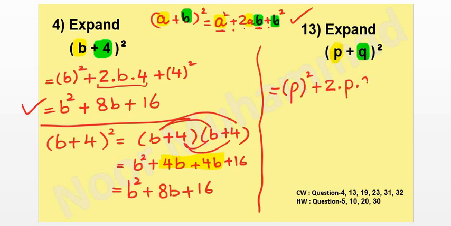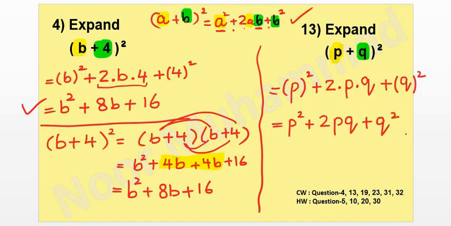Then we are supposed to write the second term, that is the green one. And then we have the plus sign in the formula and we have to square the second term. So the second term is q, right? So finally our answer will become p squared plus 2pq plus q squared. So this is our answer.